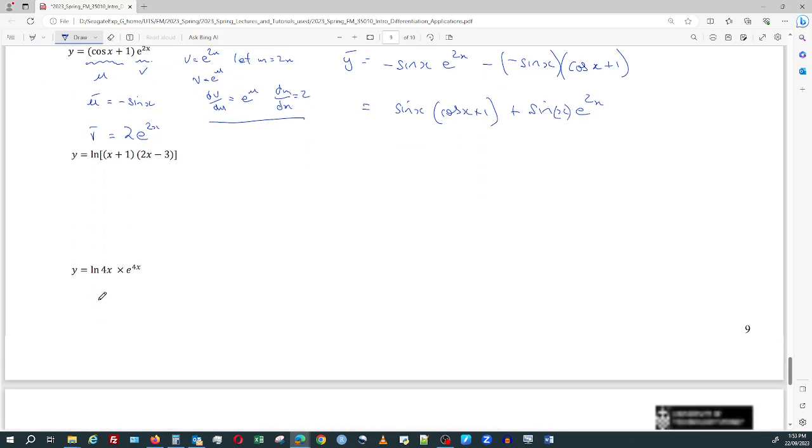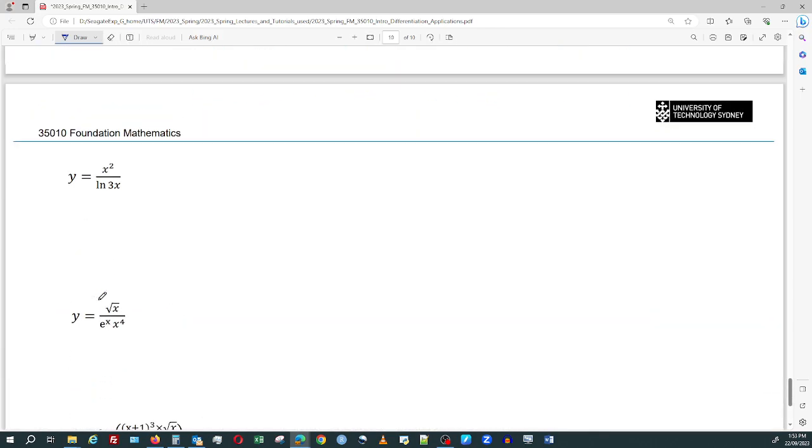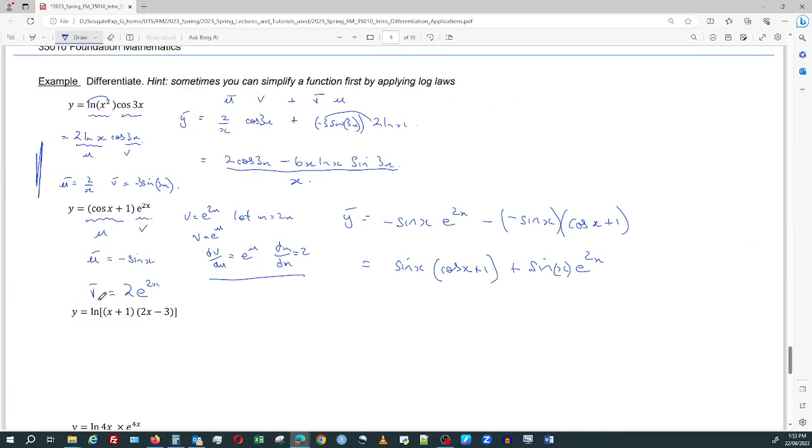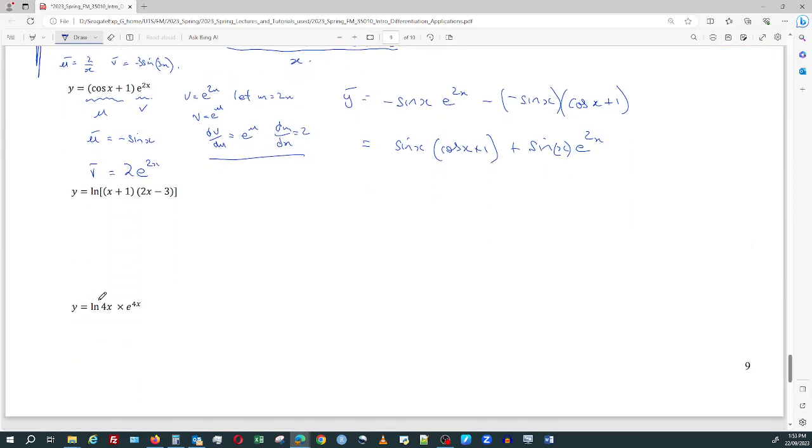So let's have a look at these. Yeah, we've got a few more to do. ln of x, 1 over x. Shouldn't be too much drama. Now, they're inside this bracket, aren't they? And they're as a product.